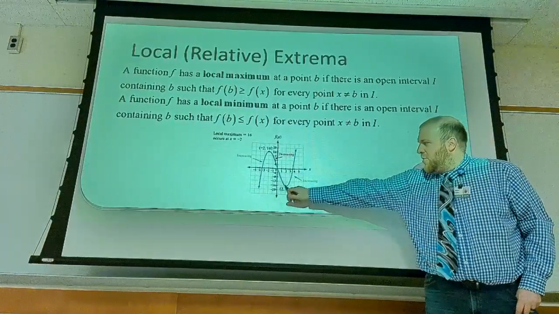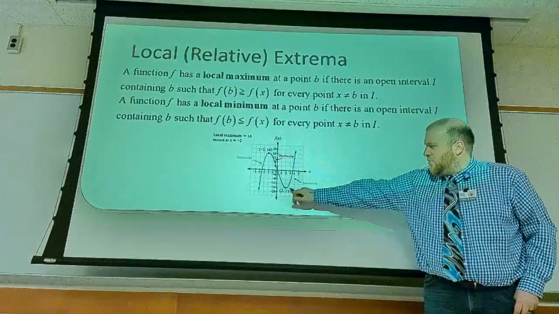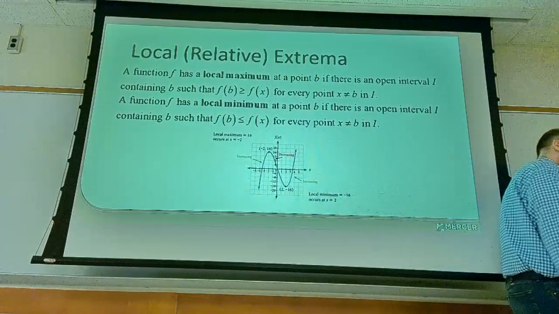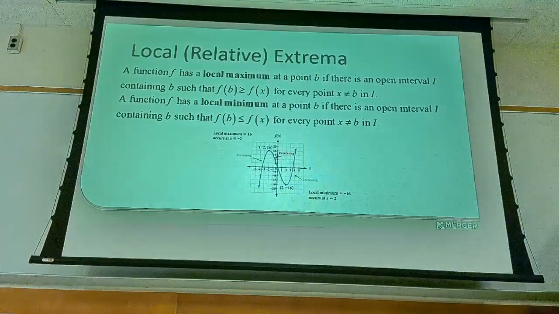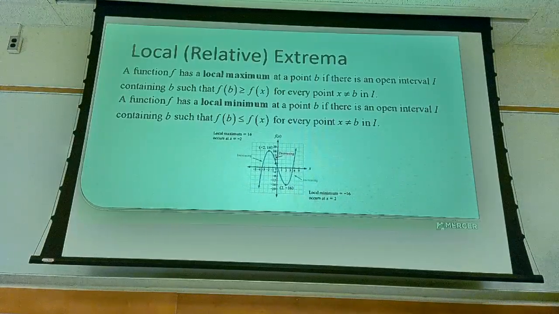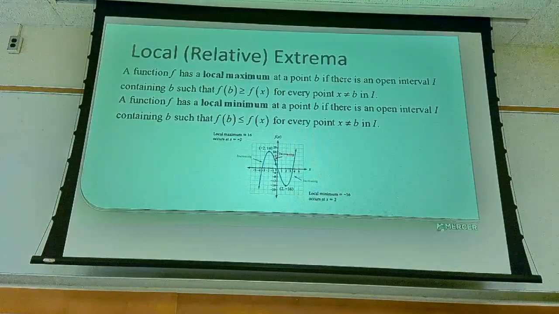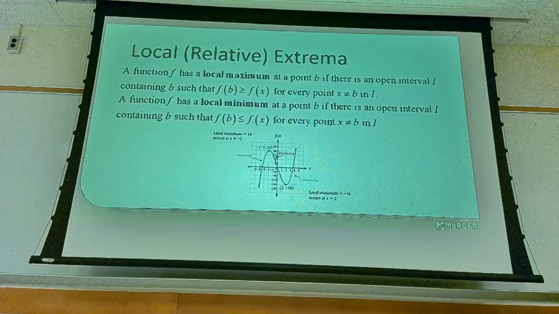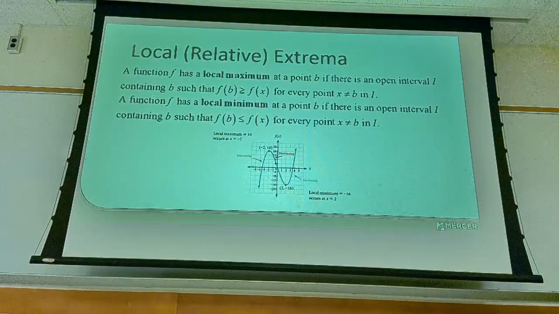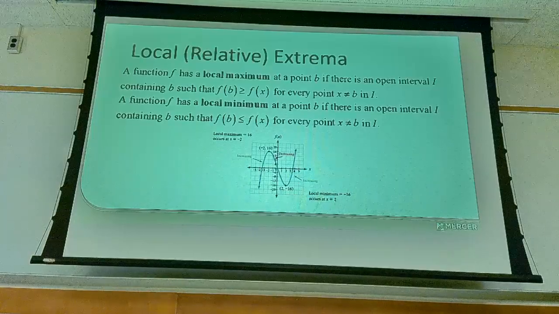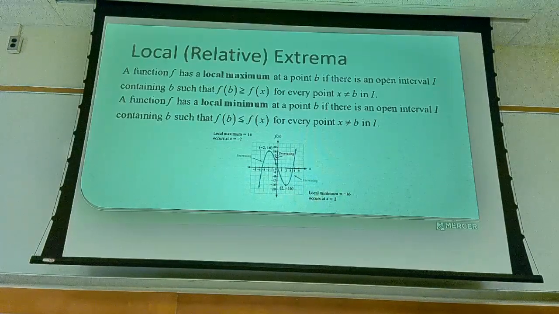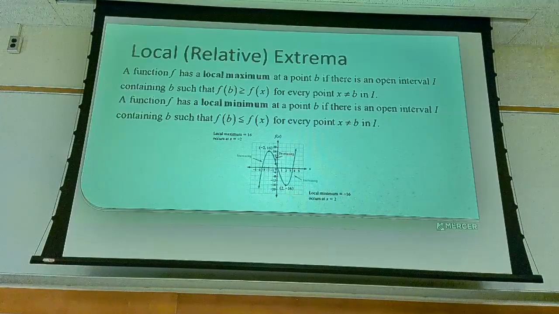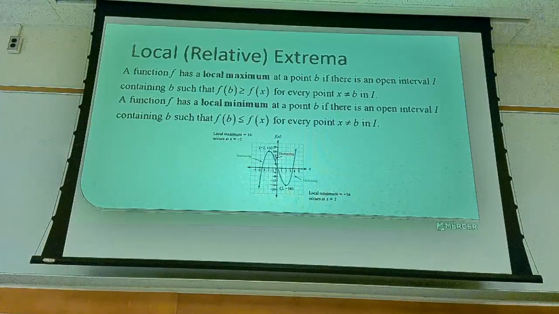Can a function have more than one local maximum? Yes. Same thing with local min. You can have a function that has more than one local min. Could it just keep going up and down and up and down?